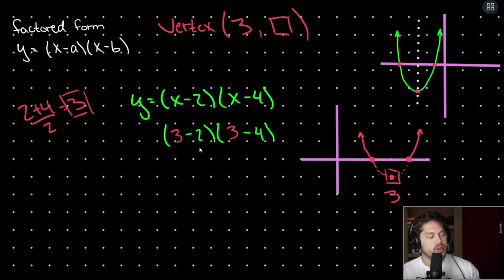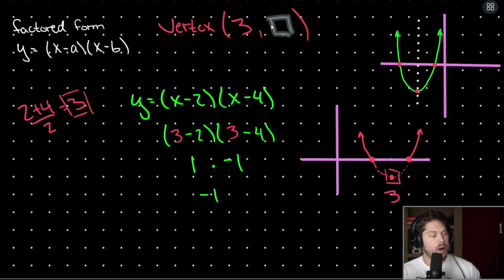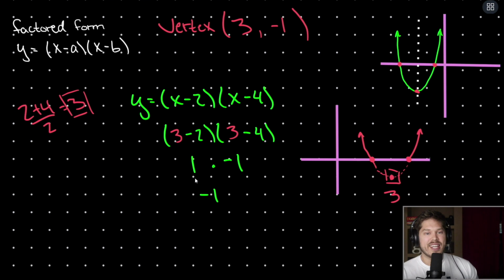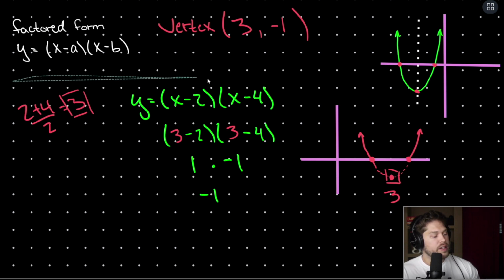So 3 minus 2 is just 1, and 3 minus 4 is negative 1, and 1 times negative 1 is negative 1. Therefore, the y coordinate is going to be negative 1. Excellent. So this is how you can find the vertex given the factored form. Let's clean this up and try another example.